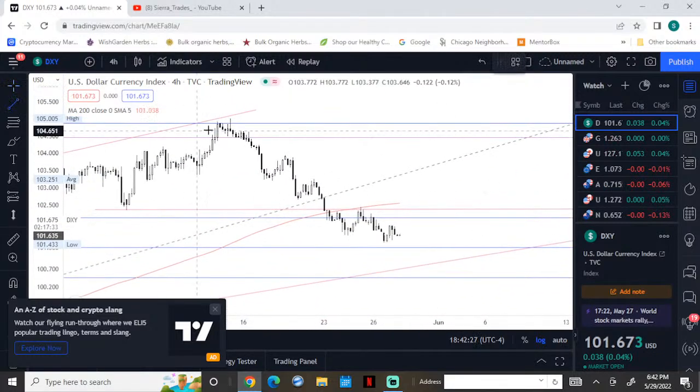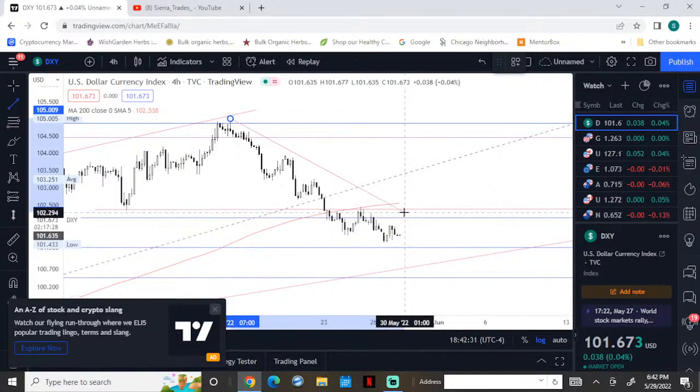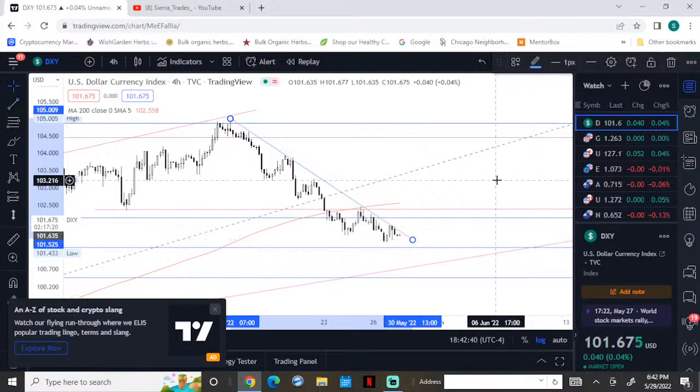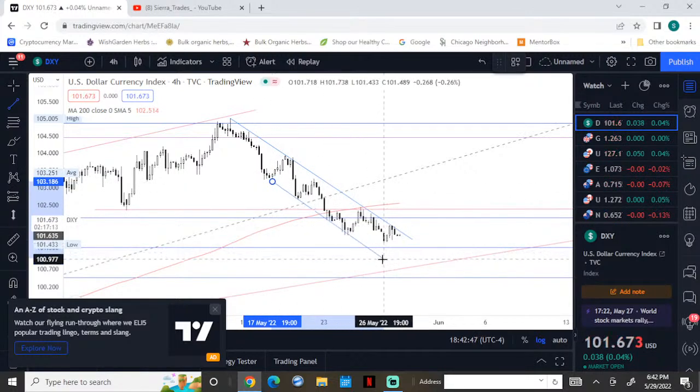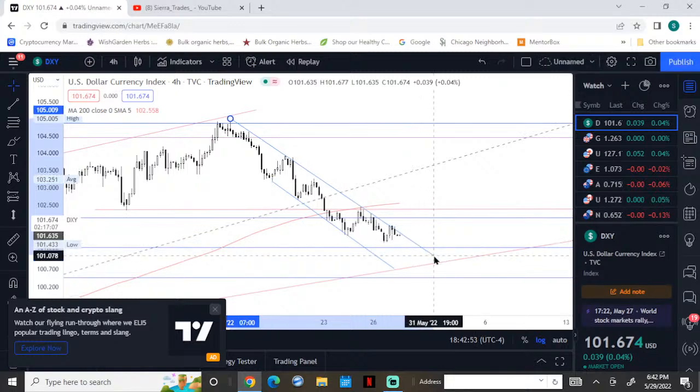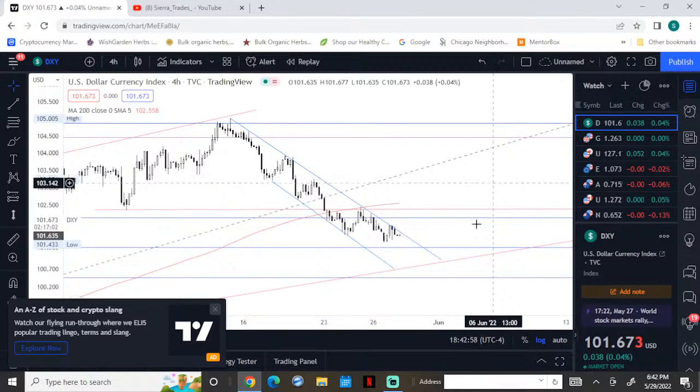So we do have a current trend line on the 4 hour. And it looks like a channel. I'm actually going to pull that all the way down just for my visual purpose.